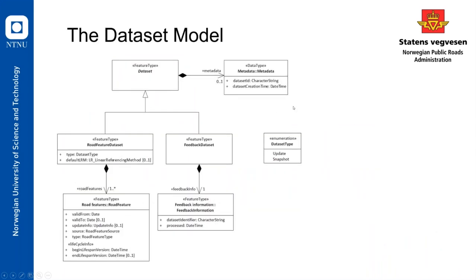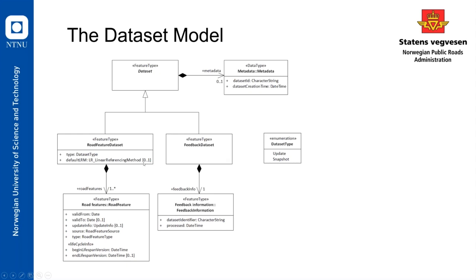We also have another kind of dataset for feedback that I believe is described here. Yes. So the feedback dataset is further described in this model. I would say that the feedback model was not something we put a lot of effort into in the standardization process.